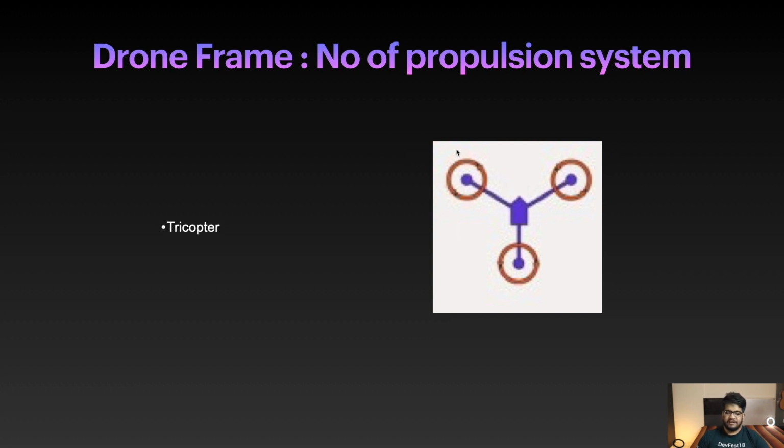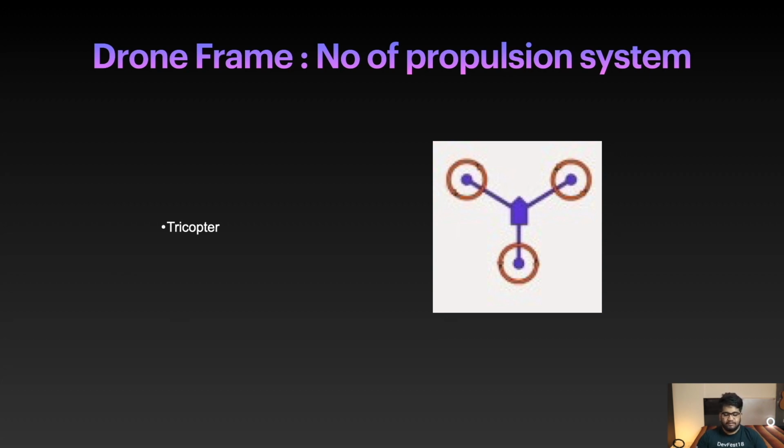But this has an odd number of motors. So how is the tricopter able to yaw? The answer lies in its tail. The tail is designed such that this motor is mounted on a servo motor, and that servo motor rotates to give thrust in a particular direction. We discussed thrust vectoring in the last class, so that is exactly how a tricopter does its yaw motion.